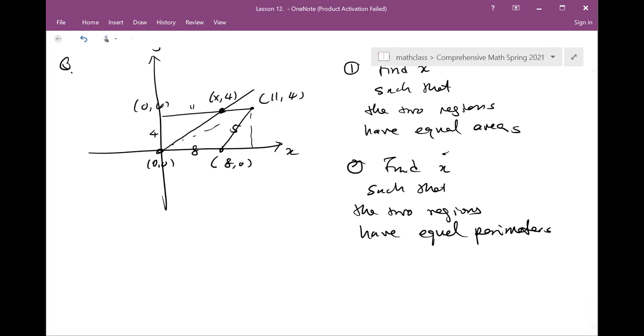Does anyone have answers for the first one and for the second one? So 19 over 2 gives the same equal area, right?